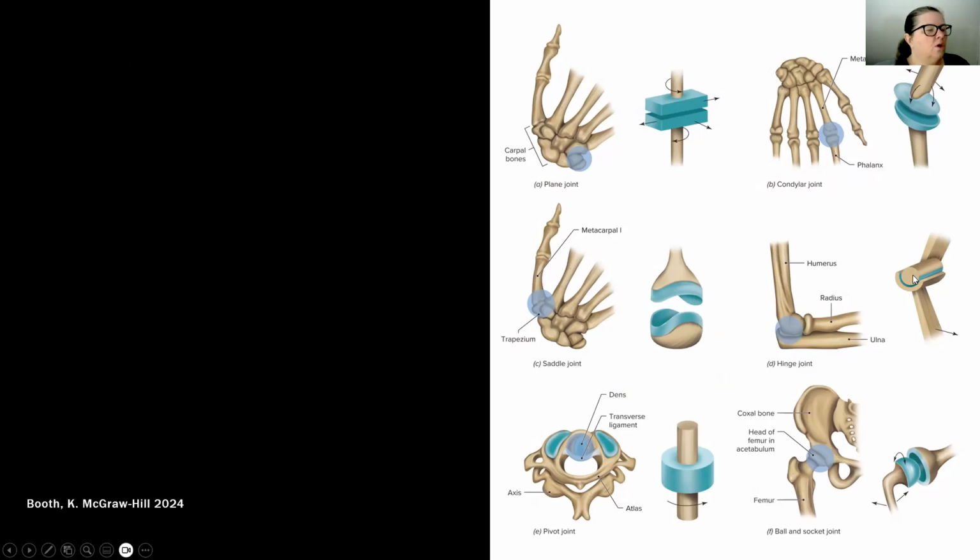Here is your hinge joint where you have that kind of cylindrical shape that goes into kind of a half moon, half circle, and allows movement one way but not the other. Here is your pivot joint, and then here is your ball and socket. Okay.